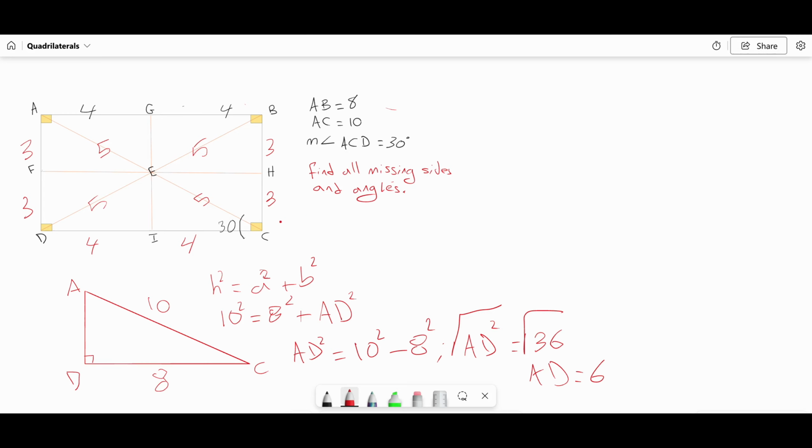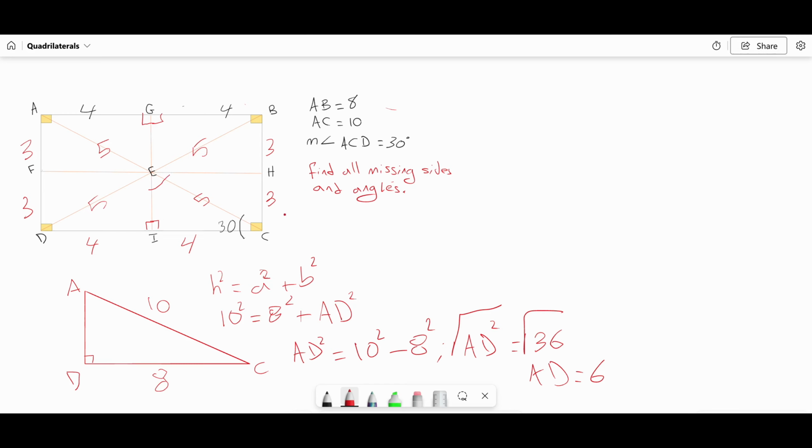Now, let's find the different angles. We know that these are 90 degrees, right? And we know that this is 90 degrees, 90 degrees, 90 degrees, and 90 degrees. So if we have this angle here, 30, and this is 90, how much should this angle be?